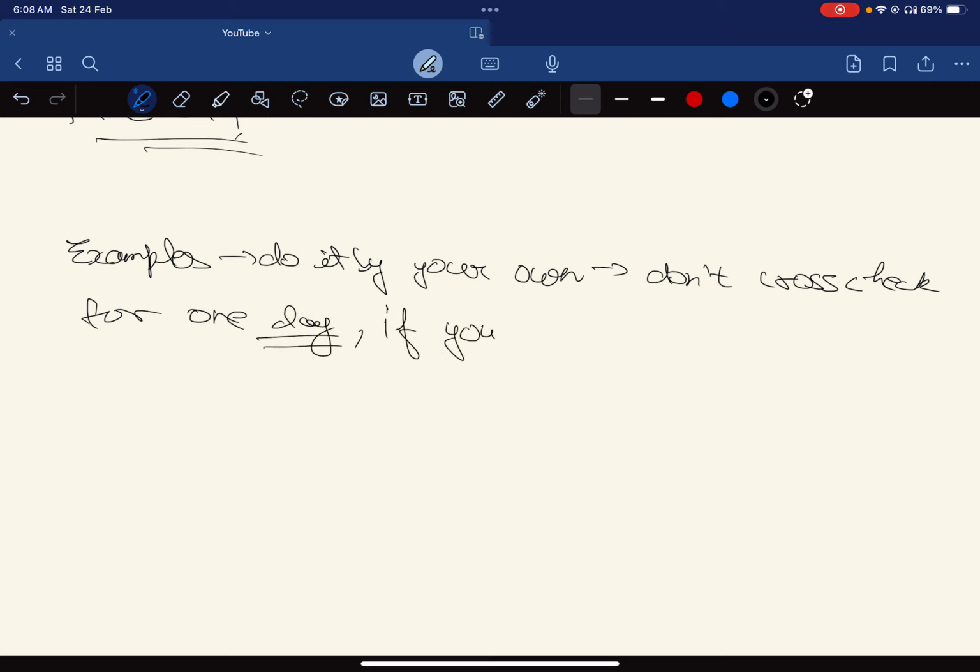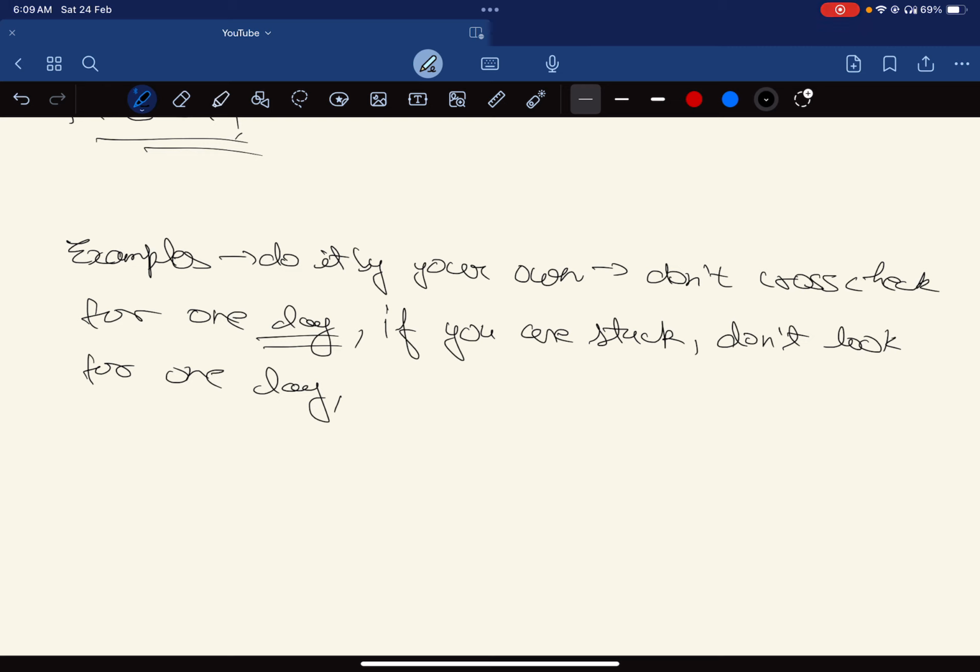If you are stuck, don't look for one day. I advise this because you might get some ideas on how to solve that when you're in class, when you're freshening up in the washroom, when you're bathing. You'll get some ideas in one day.